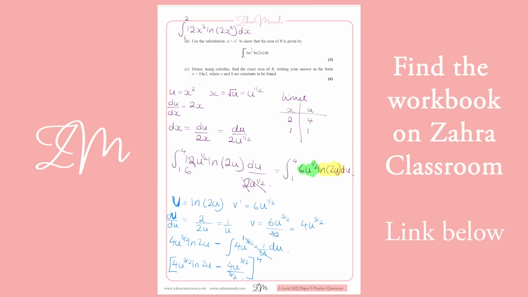And we want to stick our values in of 4 and 1. So we'll get sticking 4 in. We're going to have to do it in bits because it wants it exact. So we get 32 ln 8 minus 64 over 3 minus 4 ln 2 minus 8 thirds.